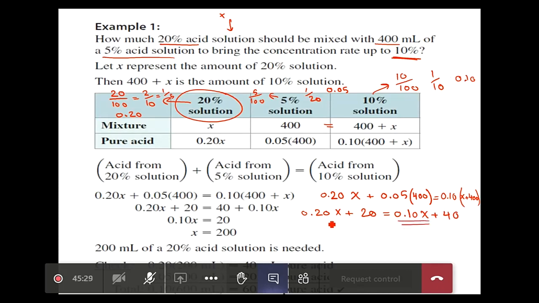Now we have X and X, move the X here, we have 0.10x equal, move the 20 to the other side, so we have 40 minus 20, 20, divide by 0.1, so the X equals 200 milliliters. Okay, any question?